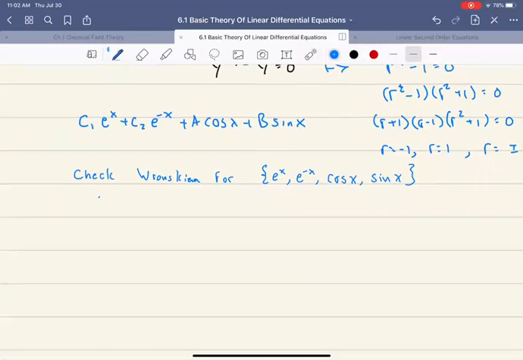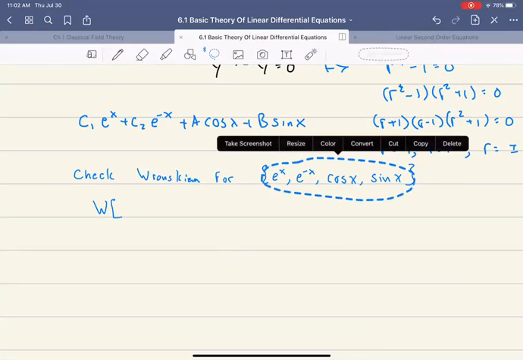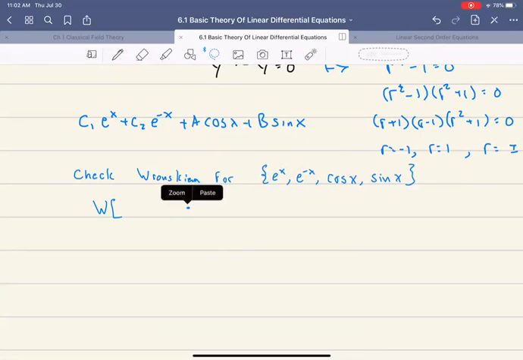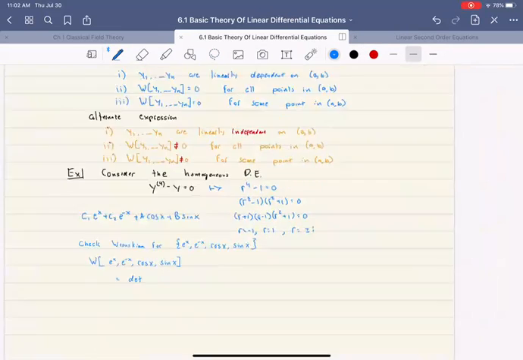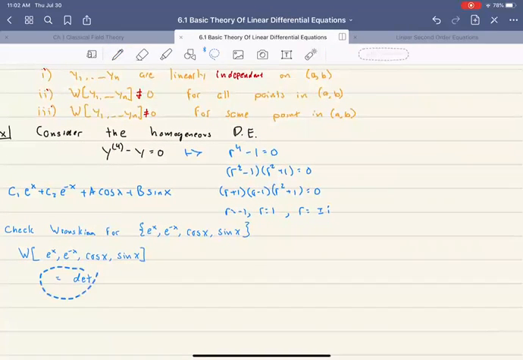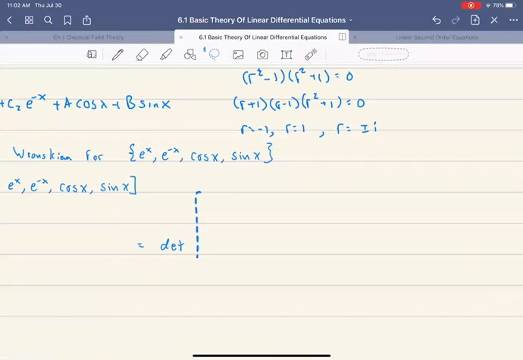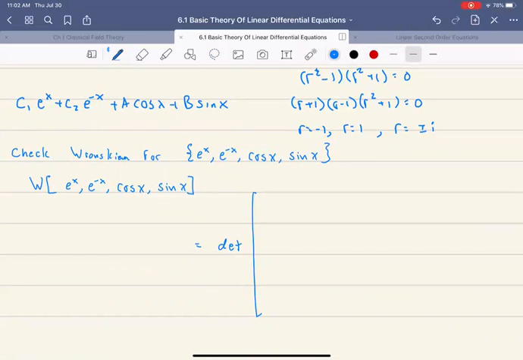Okay, so the Wronskian of these equals the determinant. Do I have space? Yes. Let me move this down. Okay, the determinant of e to the x, e to the negative x.